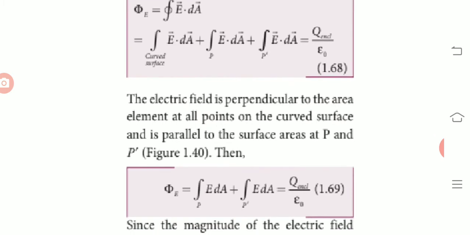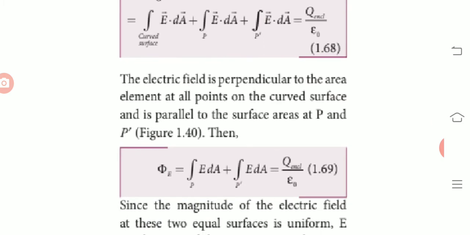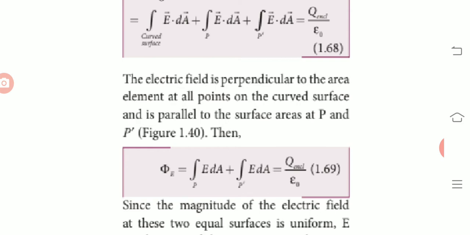The electric field is perpendicular to the area element at all points on the curved surface and is parallel to the surface areas at P and P dash. Then phi E equals the integral over P of E dA plus the integral over P dash of E dA, equal to Q enclosed divided by epsilon naught.